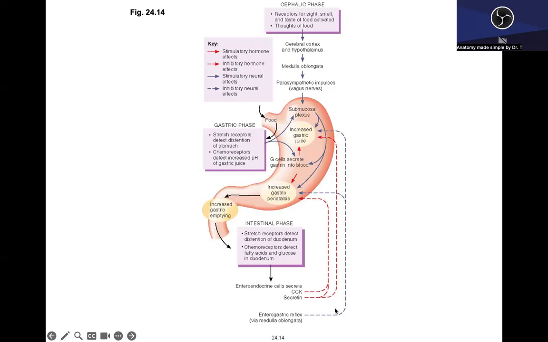Enterogastric reflexes via the medulla oblongata also have an inhibitory effect, practically telling the stomach your content is getting smaller and smaller. You have reached, for a little while, an appropriate pH value. So it's time now to start slowing down because this environment has done its share of work and we need to move on.